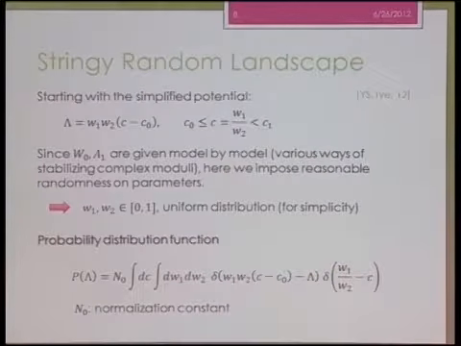So treating this kind of variety, we consider these W1 and W2 parameters as random variables here. Just for simplicity, let's assume that W1 and W2 obey a uniform distribution from 0 to 1, and then analyze what is happening to lambda.